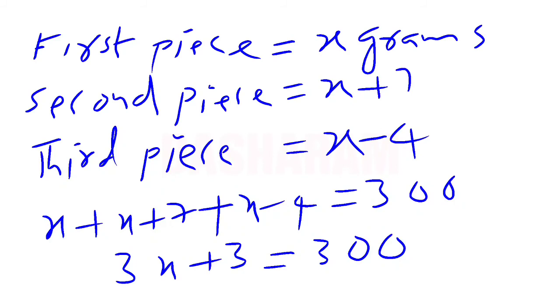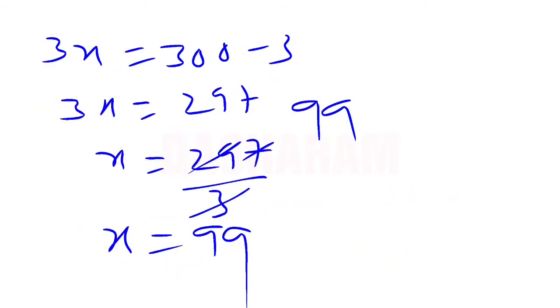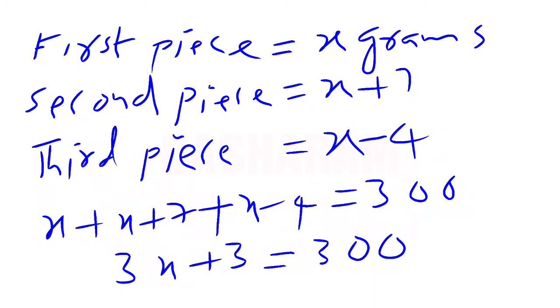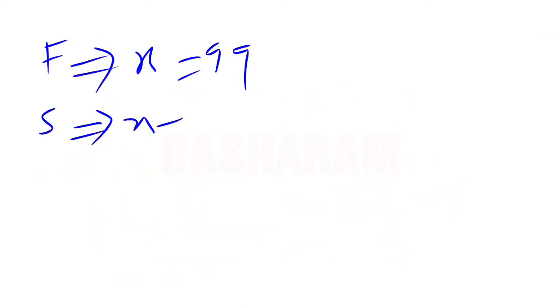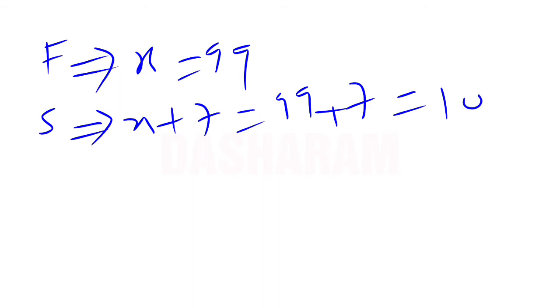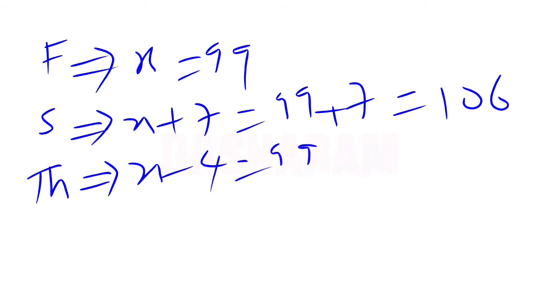That means the first piece weighs 99 grams. Next, the second piece is x plus 7, so 99 plus 7 equals 106 grams. And the third piece is x minus 4, so 99 minus 4 is 95.